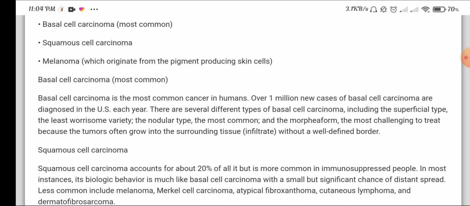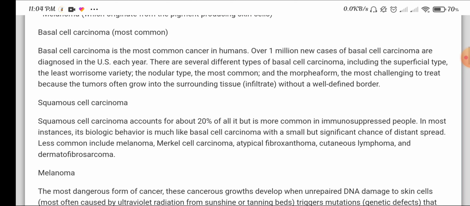There are several different types of basal cell carcinoma, including the superficial type, the nodular type, the most common, and the morpheaform type, the most challenging to treat because the tumors often grow into the surrounding tissues without a well-defined border.